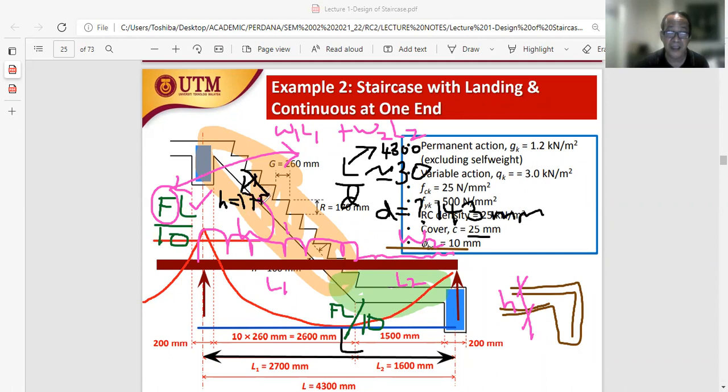Remember, the thickness or dimension of reinforced concrete is in multiples of 25. So 143 plus 25, I have about 168. From there I choose 175 as my thickness.